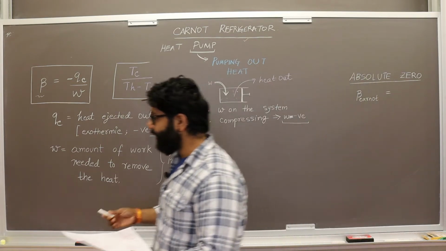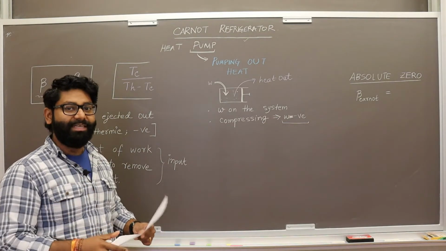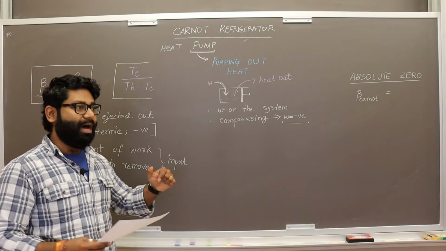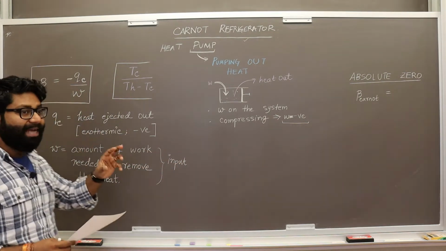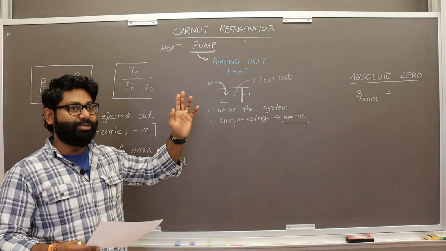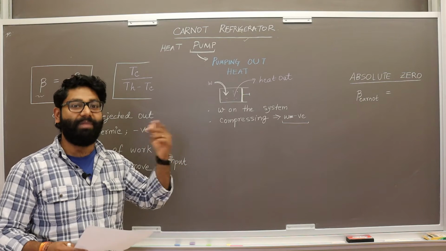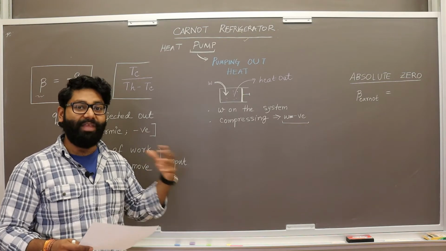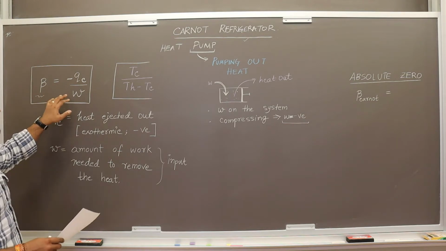Now, as we saw, the efficiency of the heat engine was measured in terms of eta, which was (TH minus TC) divided by TH. That was how you were measuring the efficiency of the heat engine. For the heat pump, this is how you measure the efficiency.